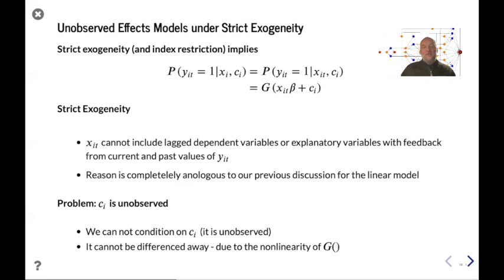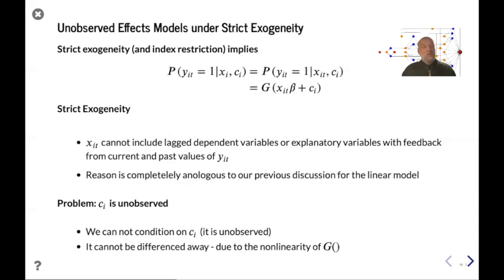The problem is that c_i is not observed, so we cannot condition on it. When writing up our likelihood, we have to write it in terms of observables. So we can do conditional maximum likelihood conditioning only on things we observe. Otherwise, it's pretty hard to calculate the likelihood if it suddenly depends on things you don't observe.